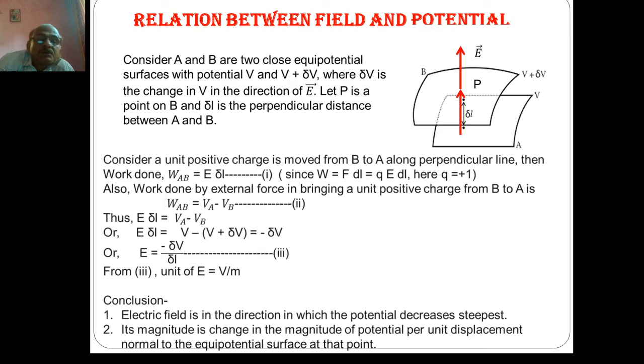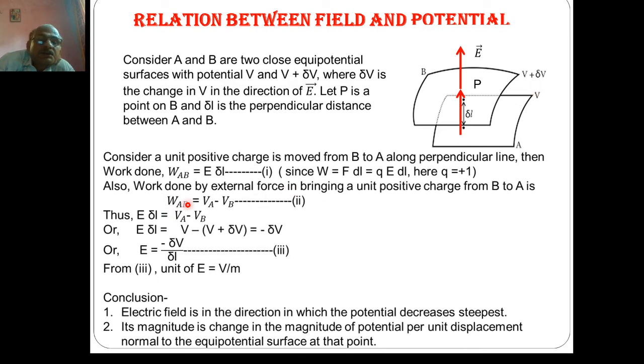Since the charge is brought from B to A, final potential minus initial potential, V minus (V plus delta V), gives minus delta V. So the work done to bring the charge from B to A is VA minus VB, or E dot dl equals VA minus VB. So E equals minus delta V by dl.